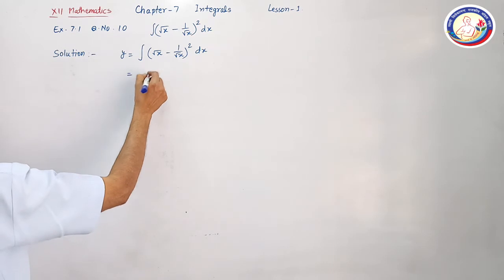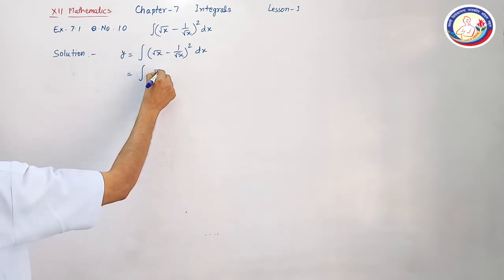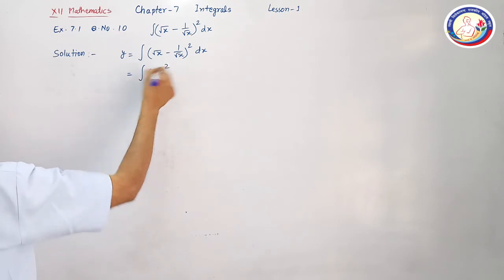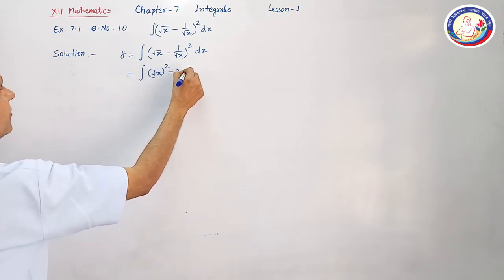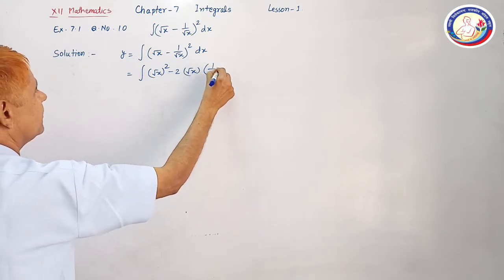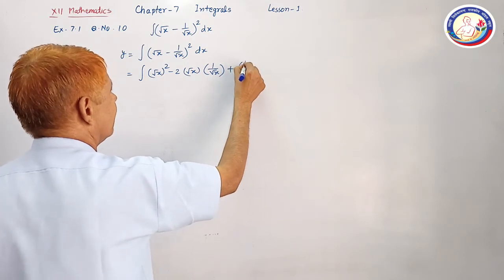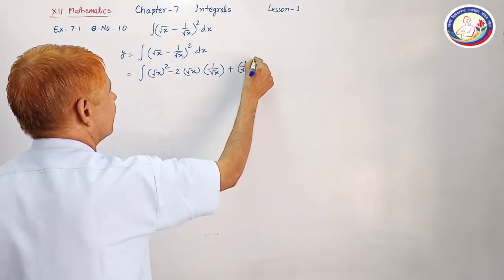It will be square root x, the first term, whole square of this, minus 2 into square root of x into 1 upon square root of x, plus square of the second term, that is 1 upon root x whole square, dx.